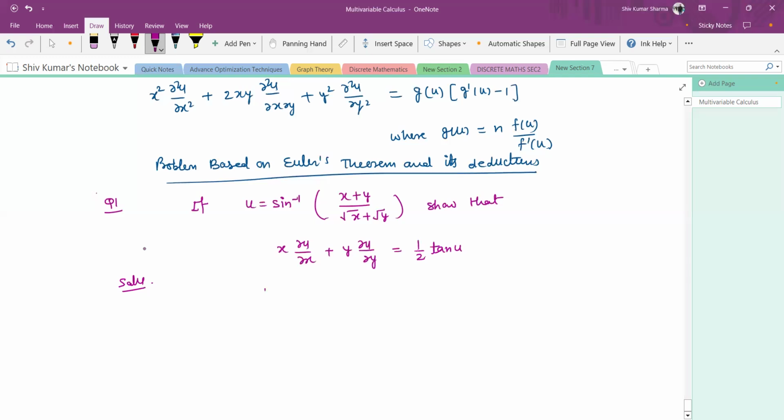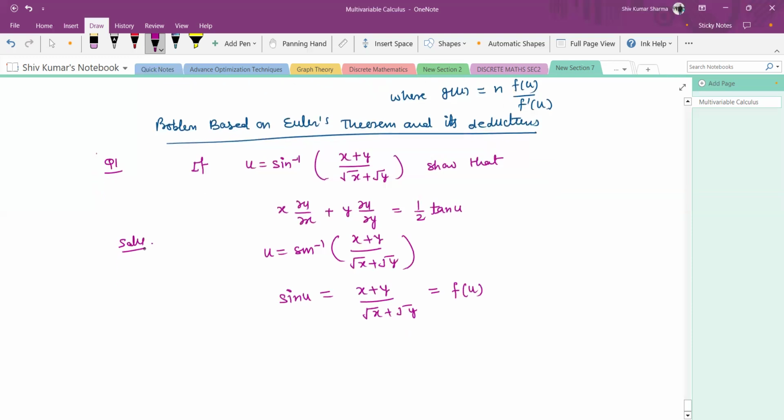So u = sin⁻¹((x + y)/(√x + √y)), which we rewrite as sin u = (x + y)/(√x + √y). This sin u we generally denote as a function f, that is f(u).